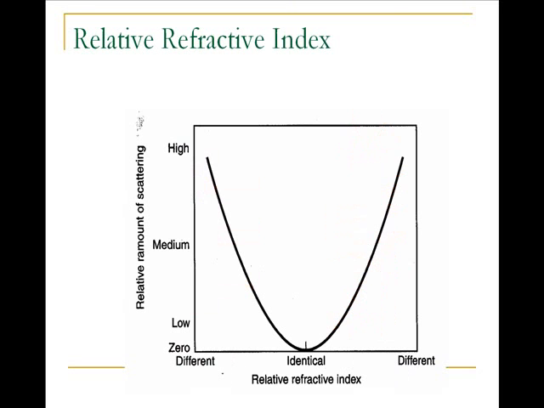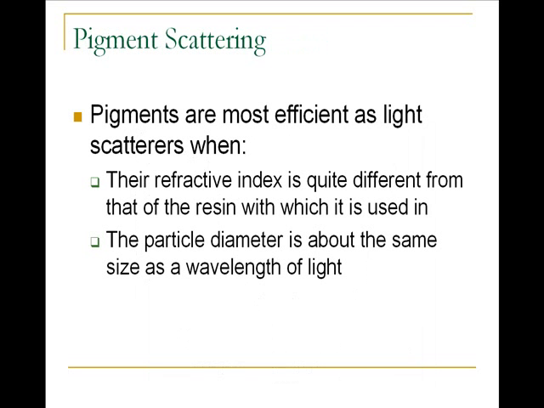We can sum that up by saying that pigments are most efficient as light scatterers when their refractive index is quite different from that of the resin in which they are used, and the particle diameter is about the same size as a wavelength of light. That gives us the most optimum physical properties for light scattering strength of pigment.